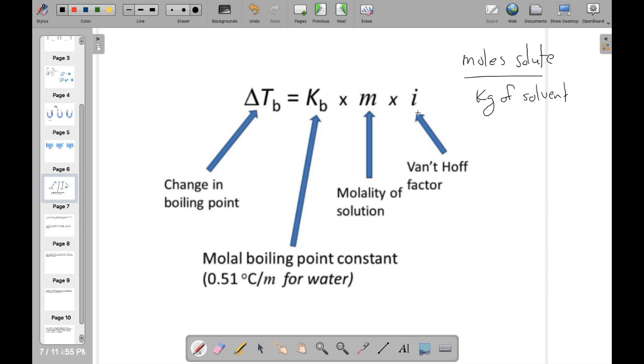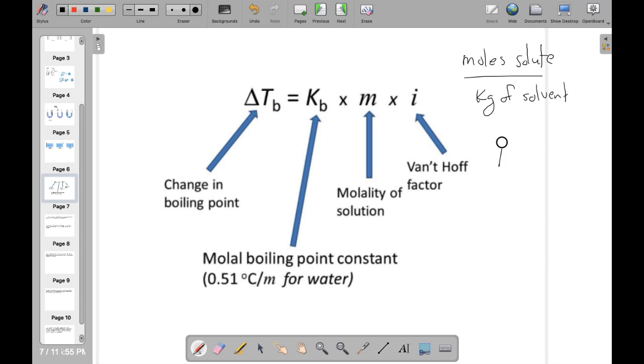If it is a molecular compound, if you put it in the solvent, it will not dissociate. So this number will be 1. If it is an ionic compound, it might dissociate. It will most likely dissociate. And this number will represent how many ions it will dissociate into.